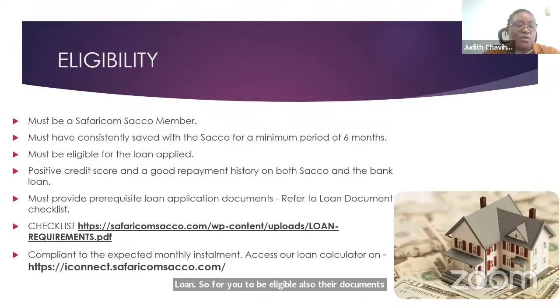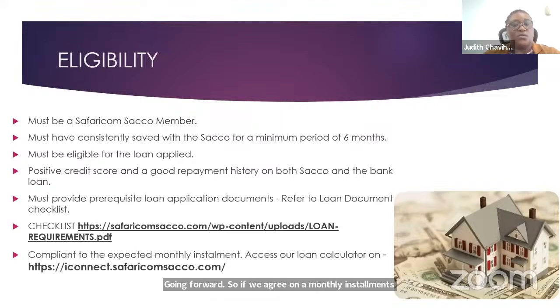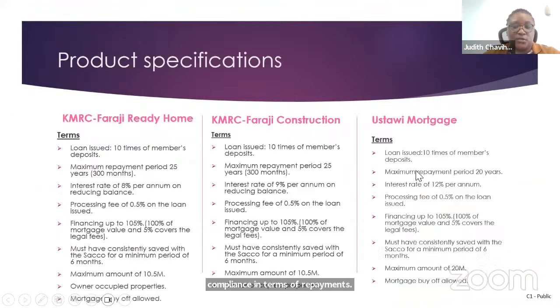Then also to be compliant, you are expected to meet the monthly installments going forward. So if we agree on monthly installments of, let's say, 36,000, we find that we have assessed your eligibility and you're eligible. We expect your compliance in terms of repayments consistently as per the loan schedule.